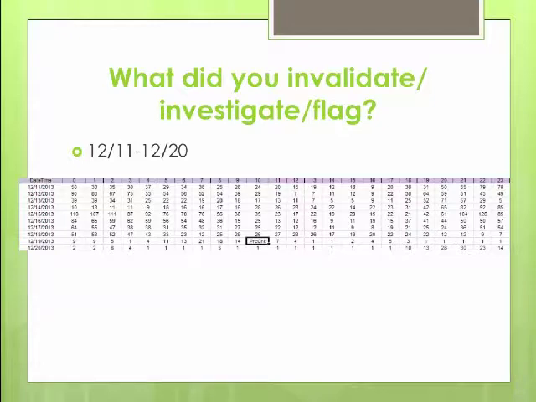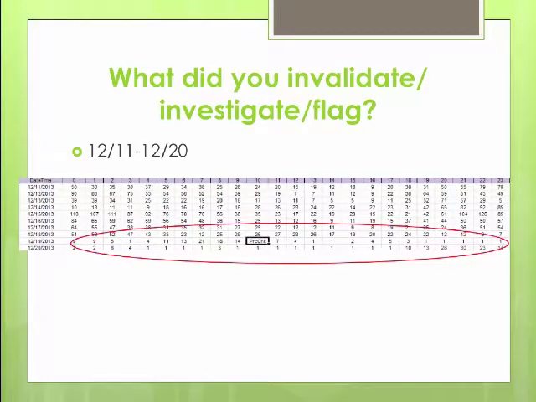Okay, we're going to move to 12:11 to 12:20. What was the first thing we saw here in this time range? 12:19, 12:20, this time period? Why? Very low ranges around that time.